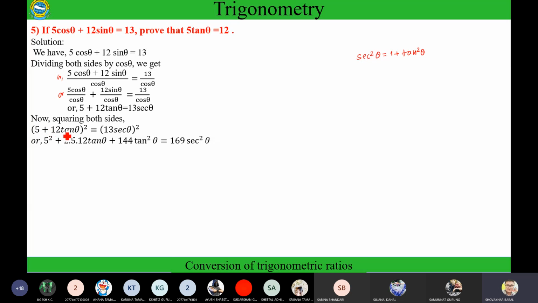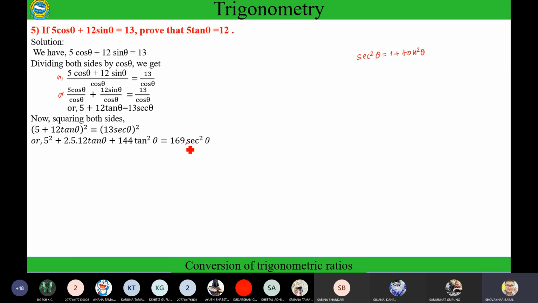Let's use the formula of a plus b whole square. 5 square plus 2 times 5 times 12 tan theta plus 12 square is 144 tan square theta equals to 169 sec square theta.